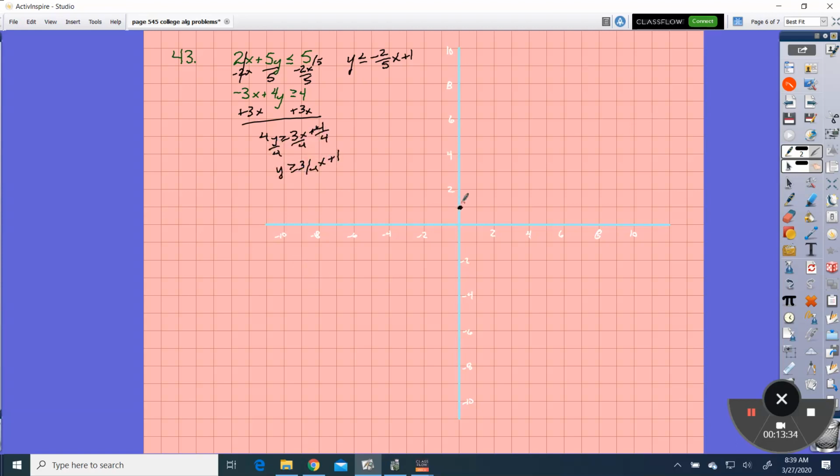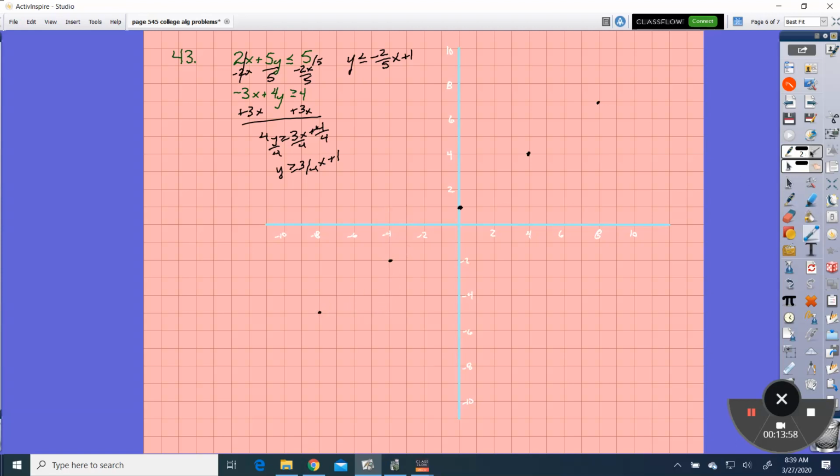I come right here at 1, and they're both going to be solid lines. Up 1, 2, 3, over 1, 2, 3, 4. Up 3, over 1, 2, 3, 4. So I can do the same pattern. Up 3 over 4, or down 3, left 4.